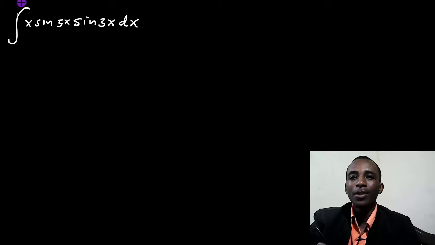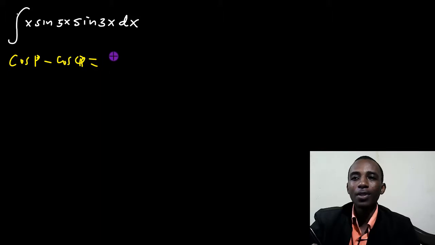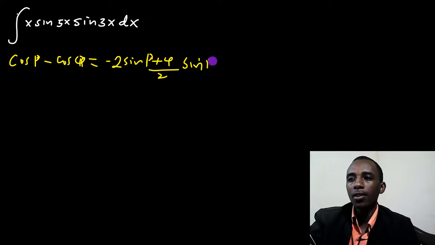I'm going to begin with something that you probably know of in trigonometry called the factor formula. If I have cosine of p minus cosine of q, how does this expand? This becomes negative 2 sine of (p plus q) divided by 2 sine of (p minus q) divided by 2.